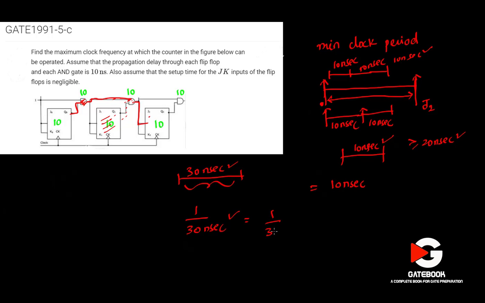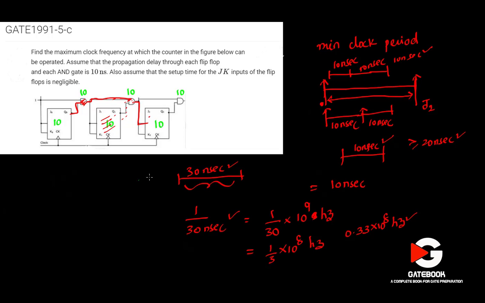So it would be 1 by 30 into 10 power minus 9, which goes up to 10 power 9 by 30 hertz. If you simplify, it would be 1 by 3 of 10 power 8. Whatever, just remember it: 0.33 into 10 power 8 hertz. All right.